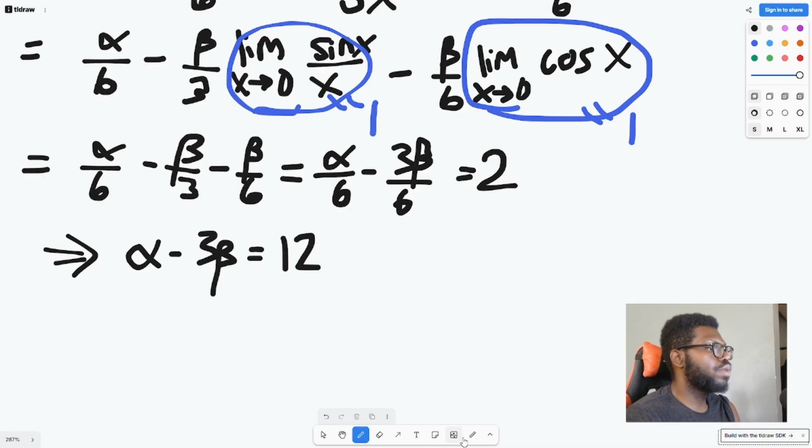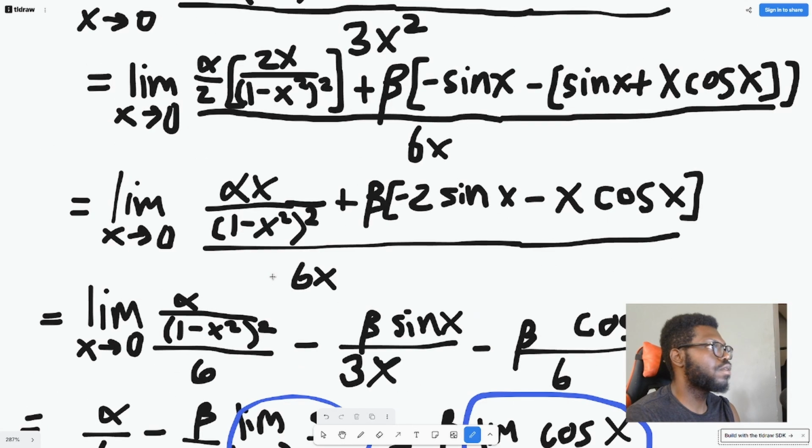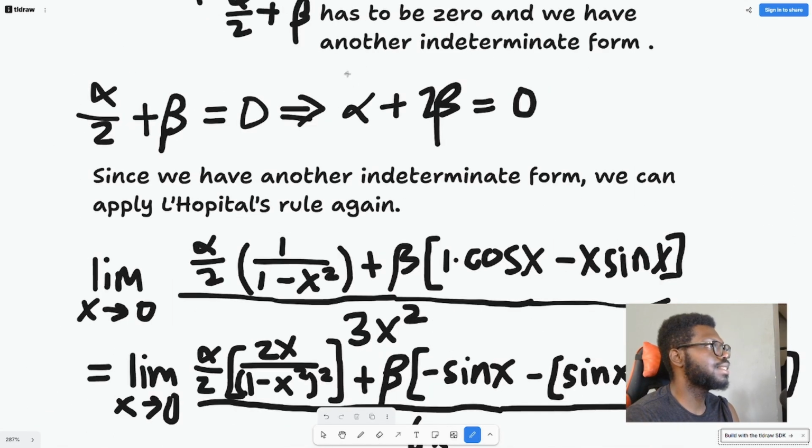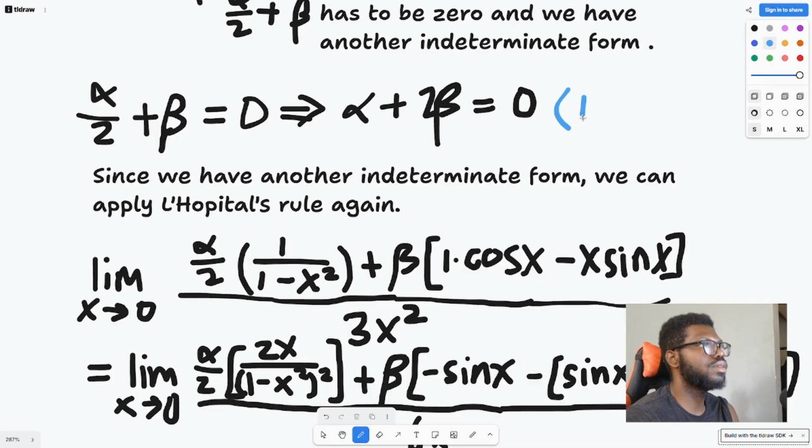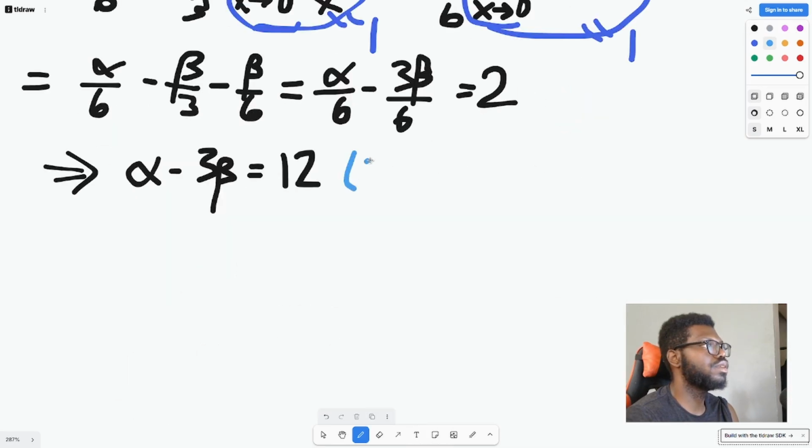But I want you to recall that once we had applied L'Hopital's rule the first time, we ended up with this equation up here: alpha plus 2 beta is equal to 0. Now we're going to need this. Let's say this is equation 1. And let's say this is equation 2.